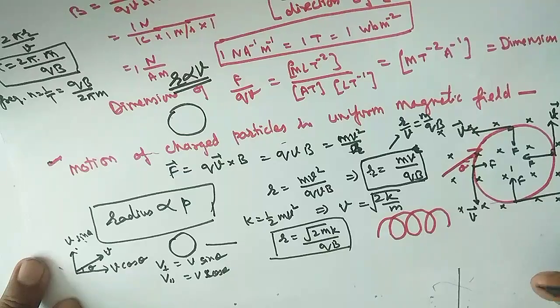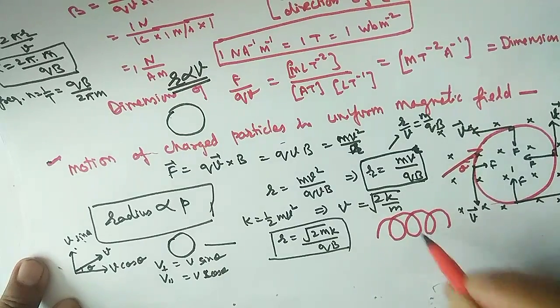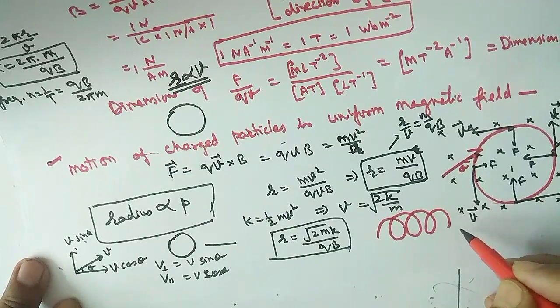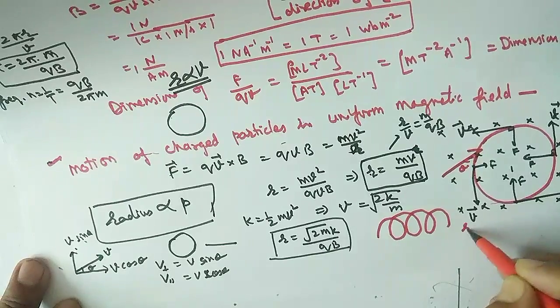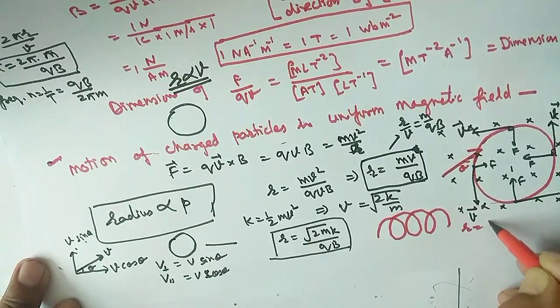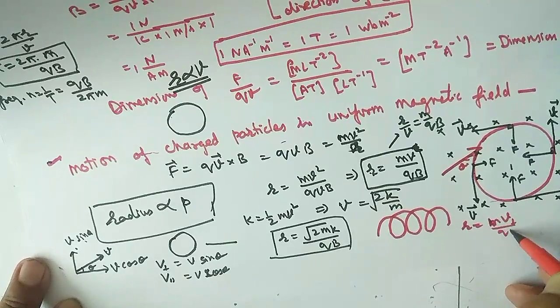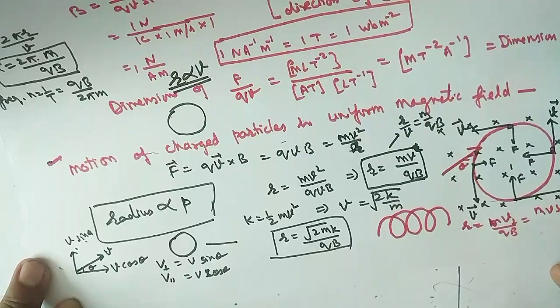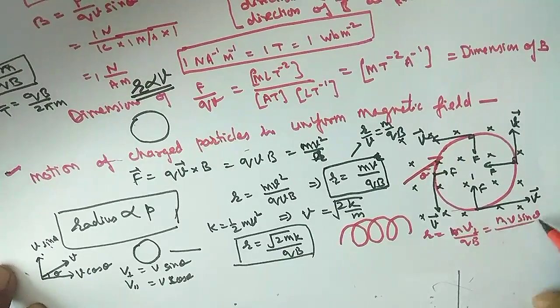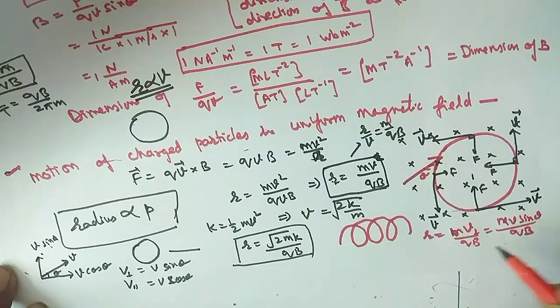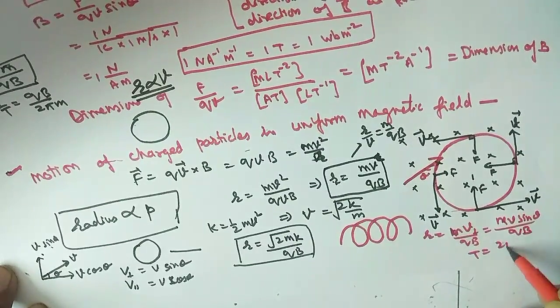The radius of the helical path is given by R is equal to m V perpendicular upon QB, or you can say m v sin theta upon QB. And the time period is the same, 2 pi m upon QB.